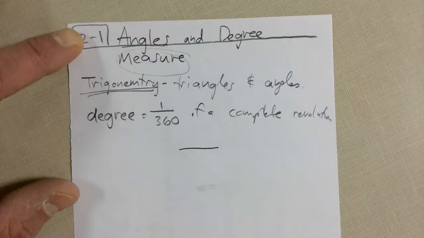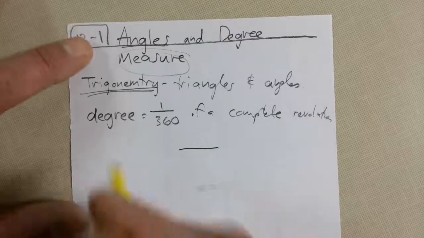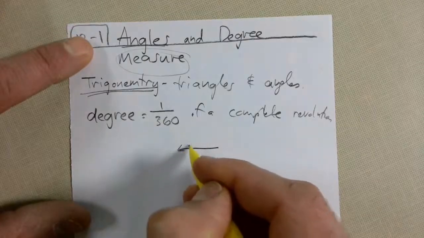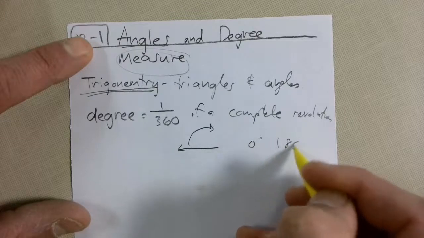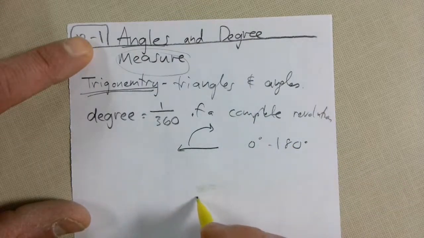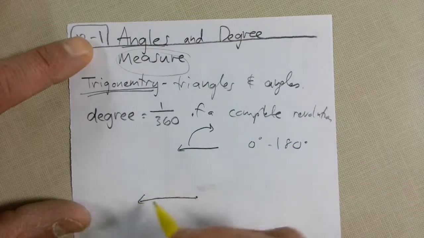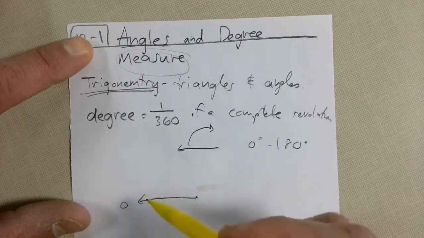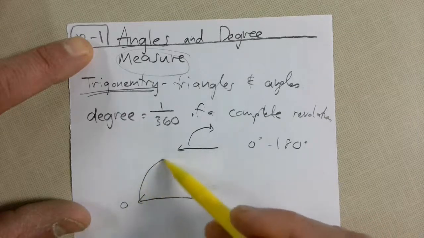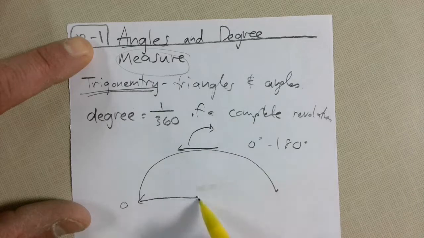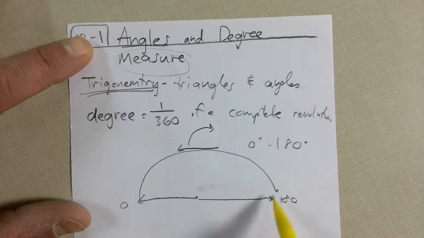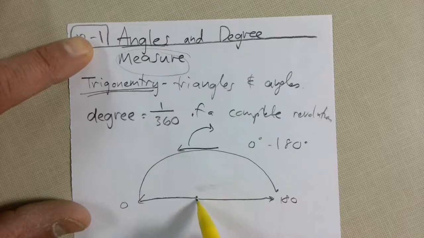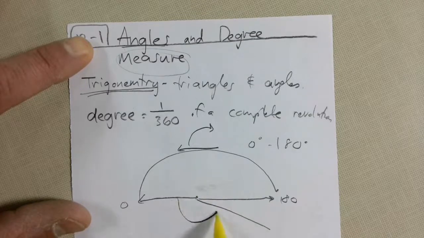Now, most angles that we work with in geometry are somewhere between 0 and 180 degrees. So if we start here, and we call this 0, like on a protractor, then we spin it, and then we'll stop here, and we'll call this 180 degrees. We don't work with angles like this, because then we'd want to measure this way instead of this way, but you can't.